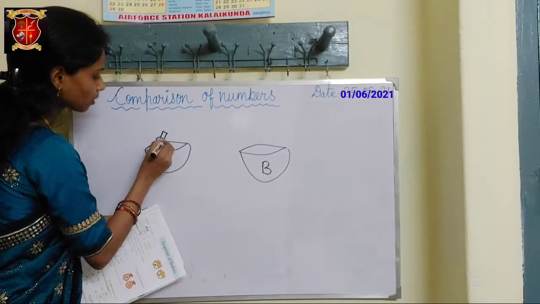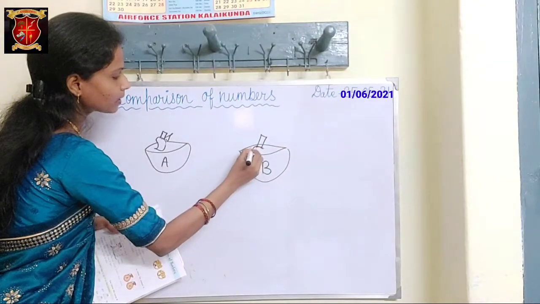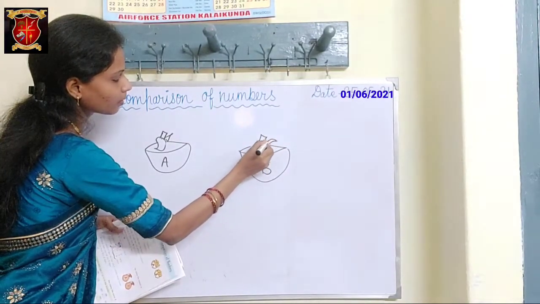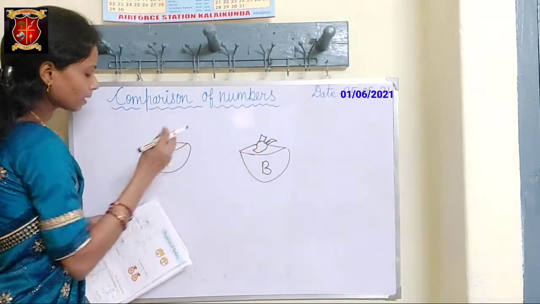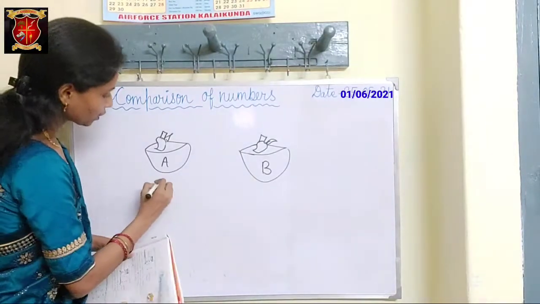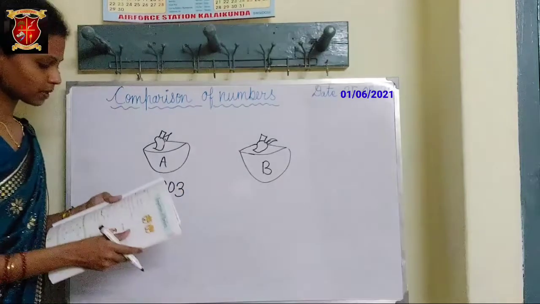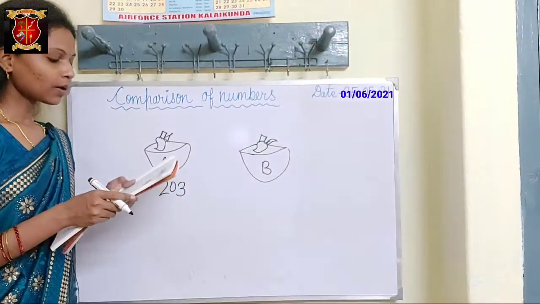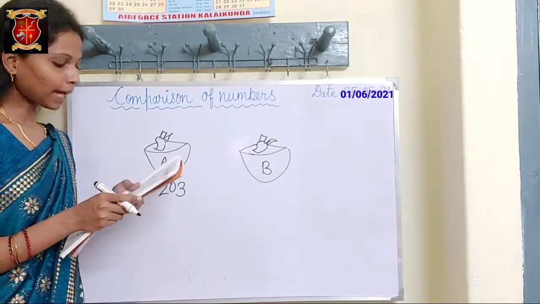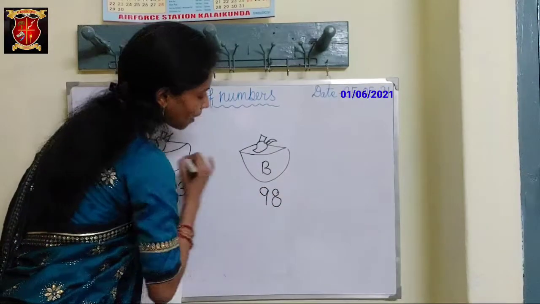Now in both the baskets there are mangoes. Okay, now in A basket how many mangoes? 203 mangoes. Now in the next, B has 98 mangoes. Okay, now the B has 98 mangoes.